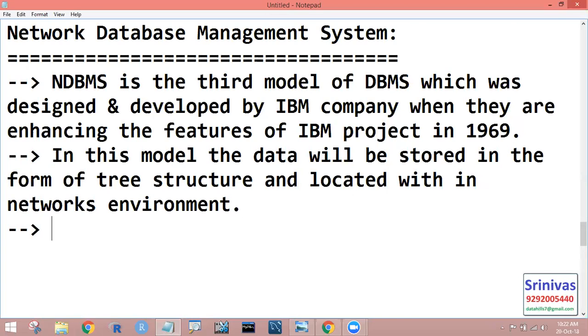What is the main advantage here? The main advantage of the network database management system is to share the required database with multiple programmers at a time. Multiple programmers can communicate with the database at the same time. It is easy to communicate with the database. That is the main advantage in this network database management system.